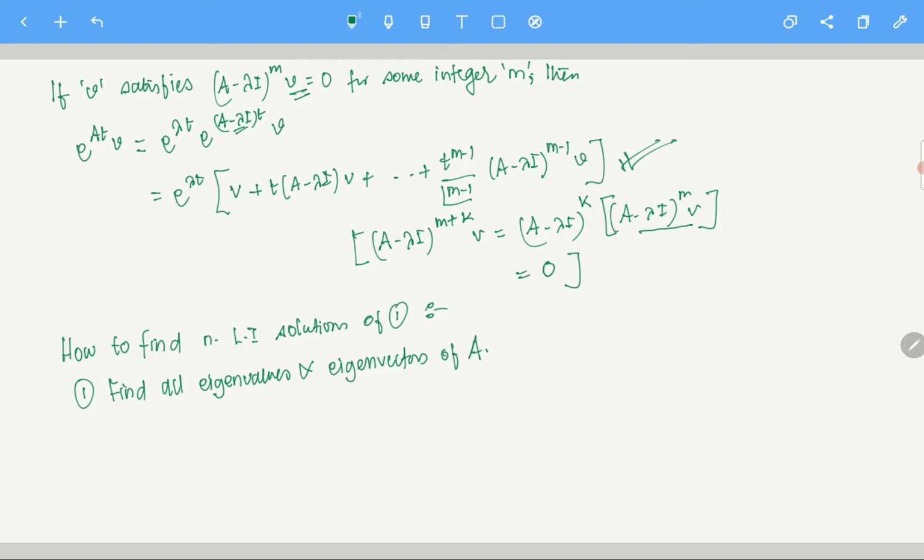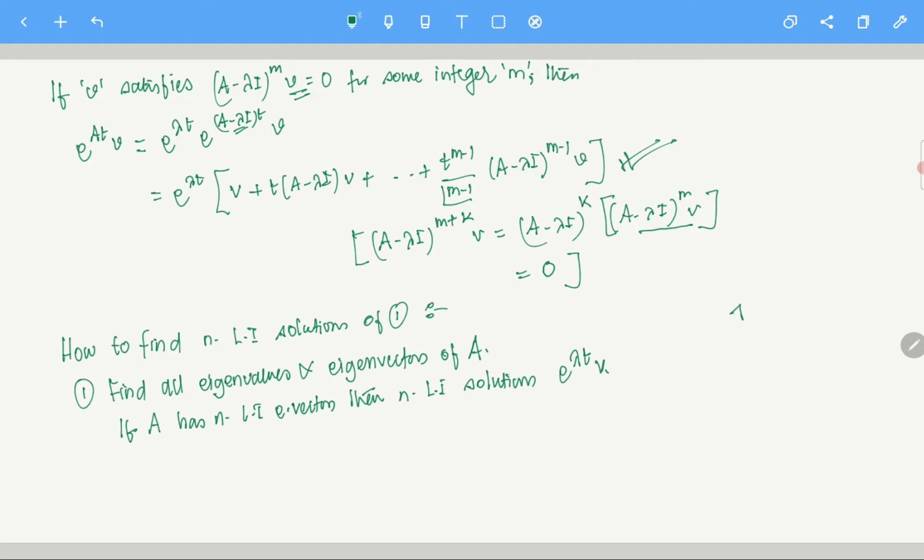Now if A has n linearly independent eigenvectors, then of course you have n linearly independent solutions given by e to the power lambda t times v, for v1, v2, and so on.